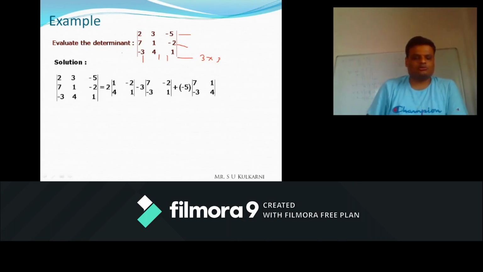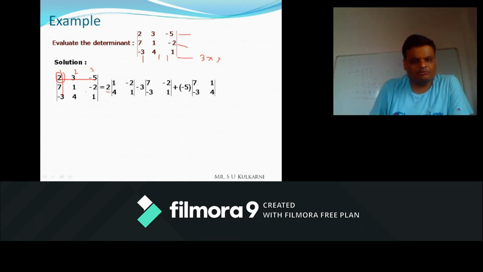As we discussed in the previous slide, you have this as the first element, this as the second element, this as the third element. Now keep the first element as it is, that is 2 as it is. Now delete the row and column along 2. What is remaining is 1, minus 2, 4, 1.